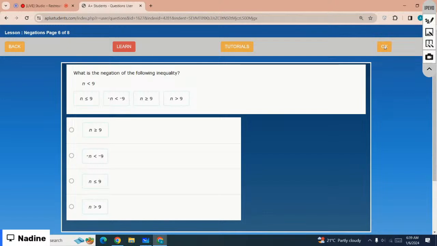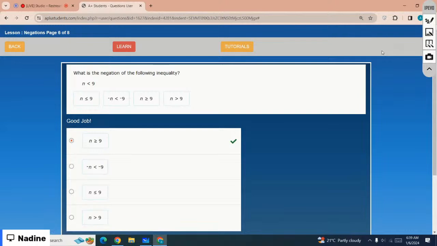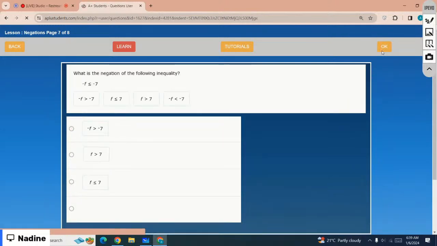So that means n is greater than or equal to 9 is the negation. What is the negation of the following inequality?